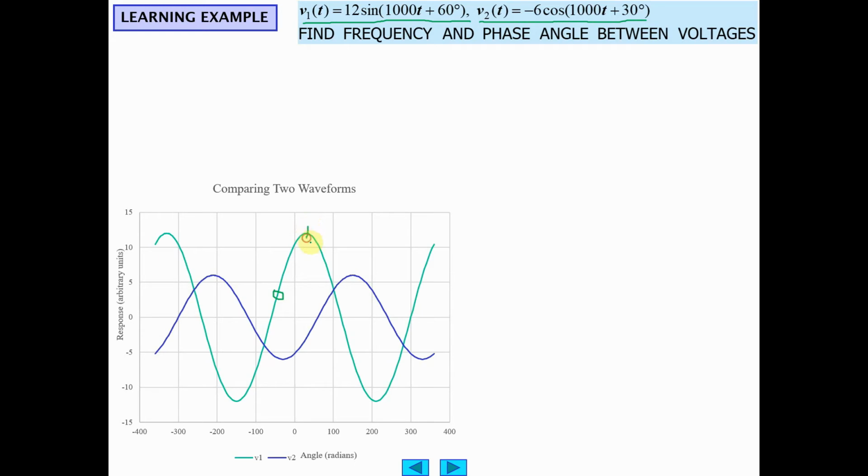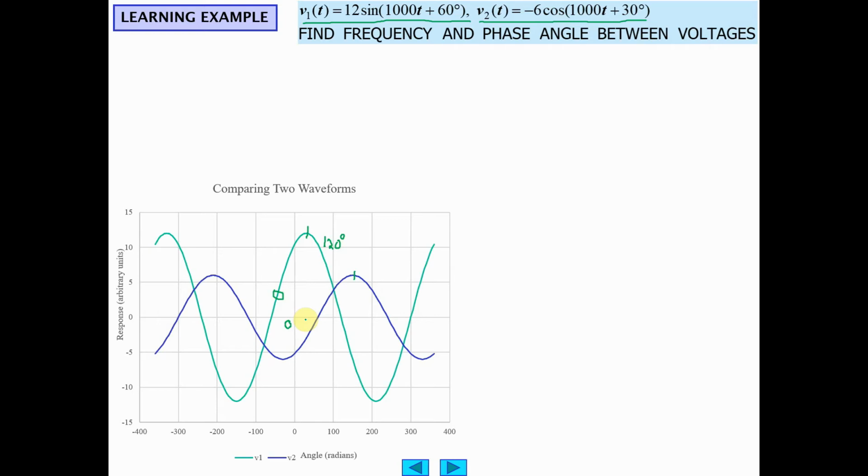Comparing the maximum of these two, the maximum is at 30 degrees for V1. The maximum is 150 for V2. So that means that the phase angle is going to be 120 degrees. That's going to be our final answer. I want to just label the origin to make sure you know where it's at.